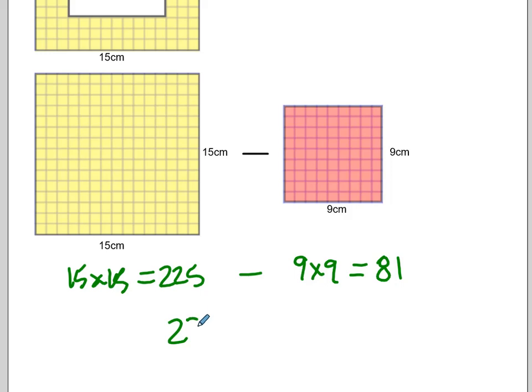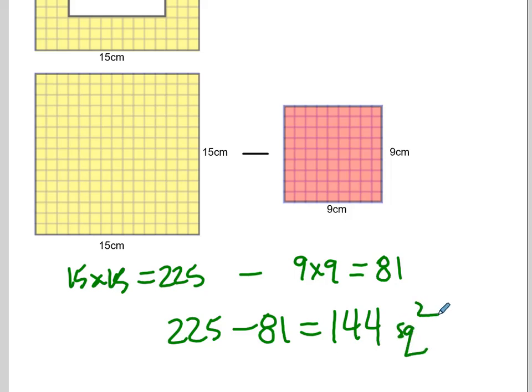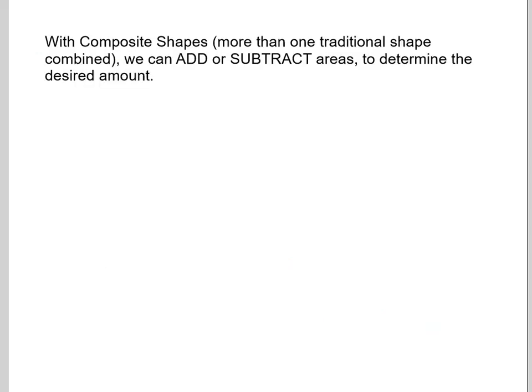Okay, so if we have 225 minus 81, we get the 144 square units we got by doing all the small pieces. Okay, so either way is correct. You still get the same answer, but one of them's a bit more efficient. Okay, so with composite shapes, more than one traditional shape combined, we can add or subtract areas to determine the desired amount. So let's just take a look at that. We can add or subtract.